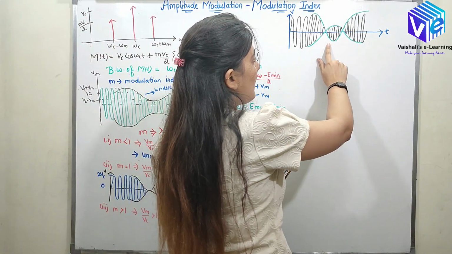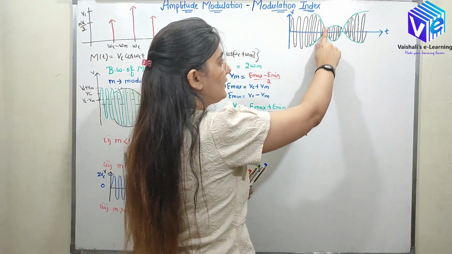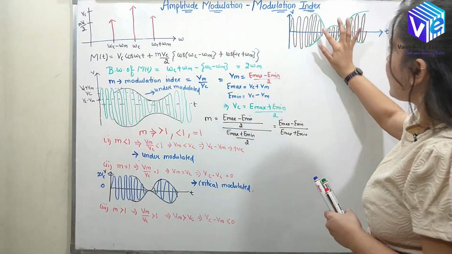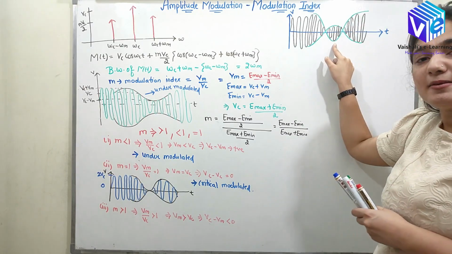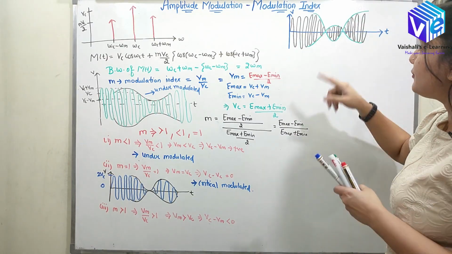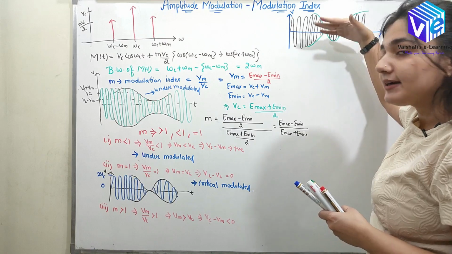Here I have overlapped the negative part. This is my maximum amplitude here. This is my minimum amplitude. Minimum amplitude is coming into the negative side.